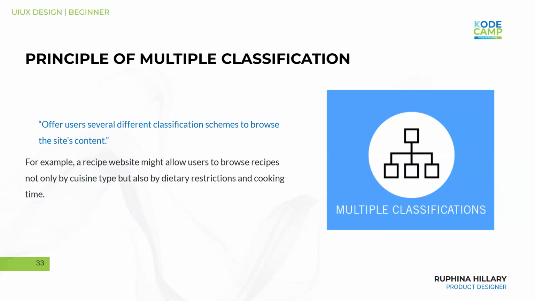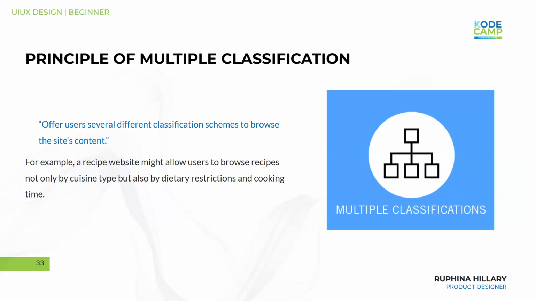That's why it's called multiple classification. Because we are grouping things into different categories doesn't mean that one thing belongs to only one category. It can belong to more than one. So we should offer different classification schemes to our users. In this situation, simply put the flowers in both the ornamental category and the plant category, so wherever your user falls first, they can find it.